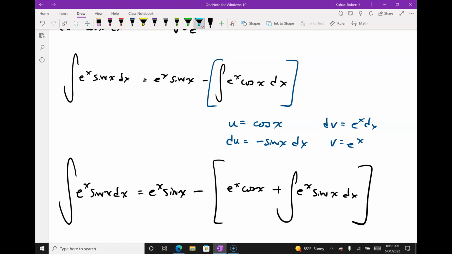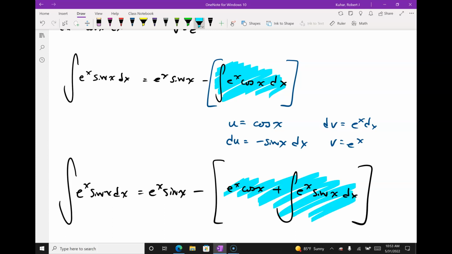You see what I did? I tried to leave everything alone, but then treat that like a brand new uv minus the integral of v du, right?